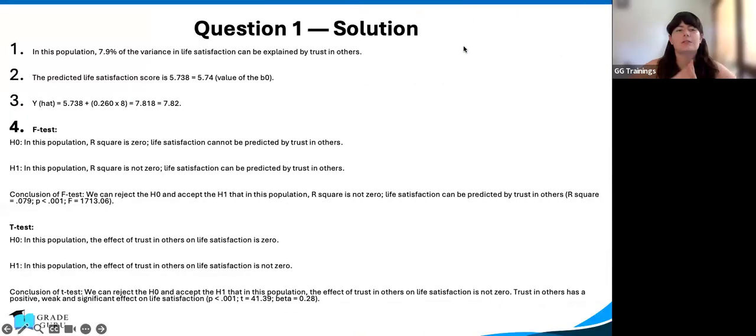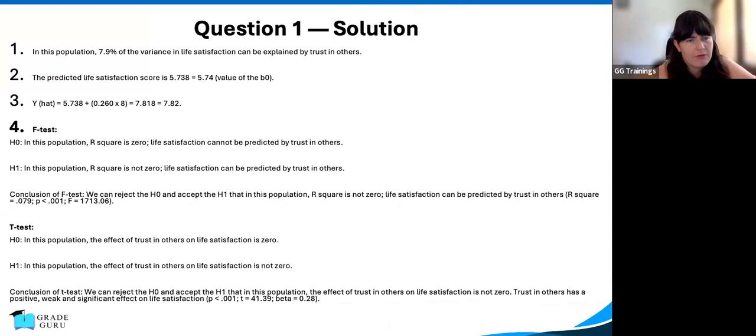Okay, here are your solutions. So, in this population, 7.9% of the variance in life satisfaction can be explained by trust in others. Your predicted life satisfaction score is 5.738, the value of the B0.